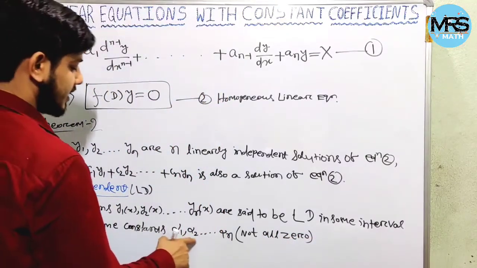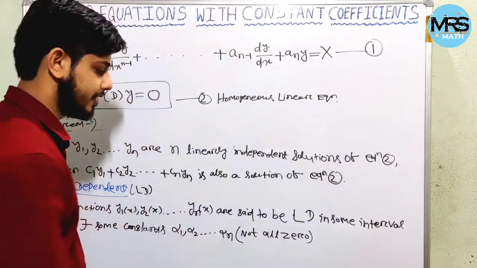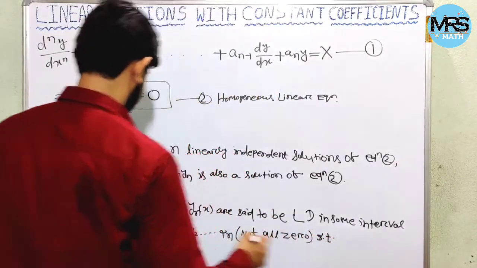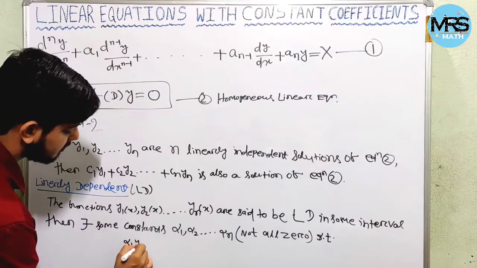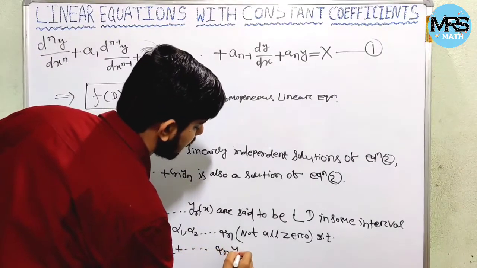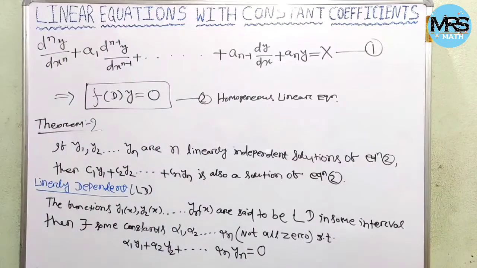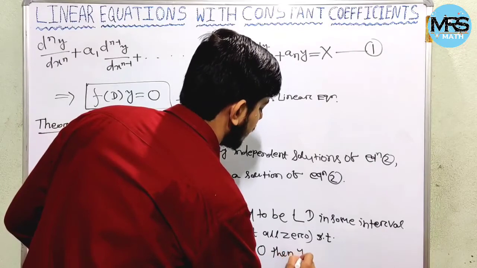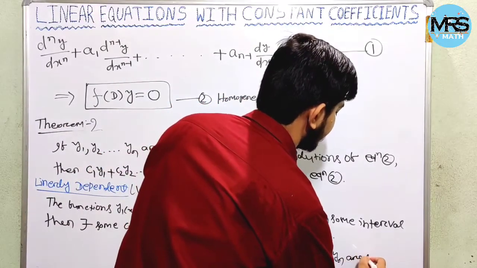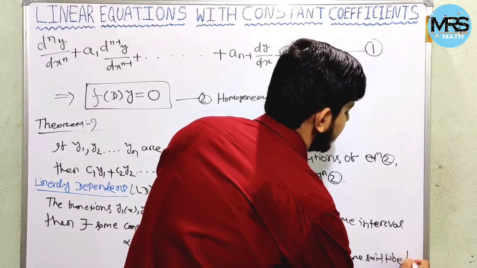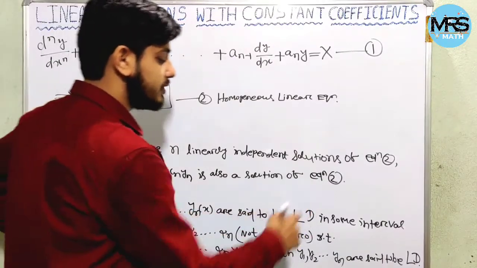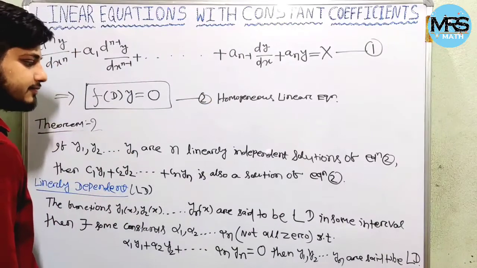This term is very important, not all 0, such that alpha 1 y1 plus alpha 2 y2 plus alpha n yn equal to 0, then y1, y2 up to yn are said to be linearly dependent.